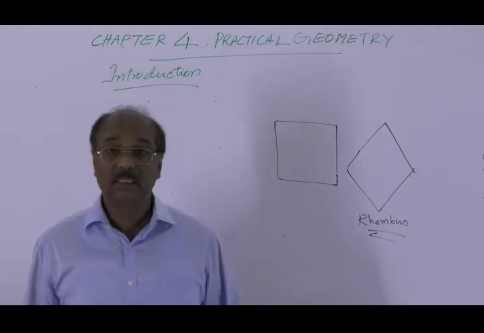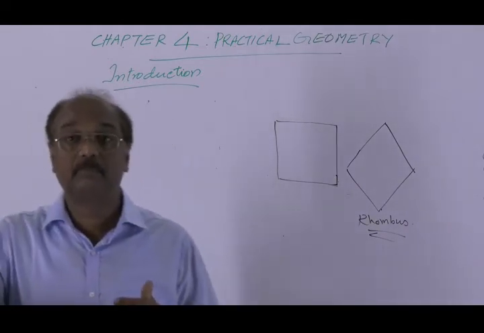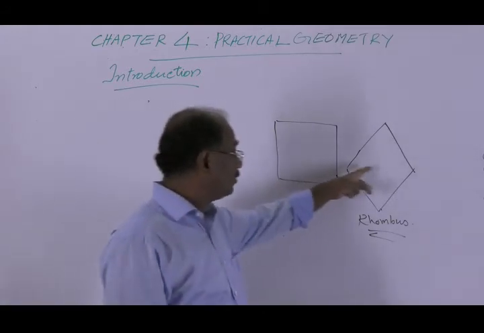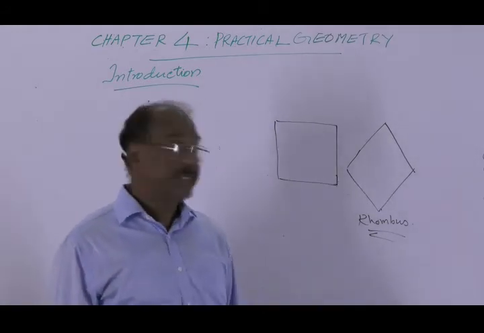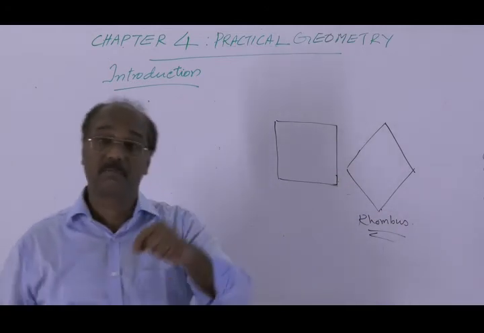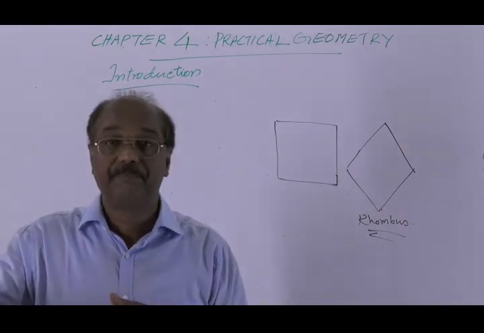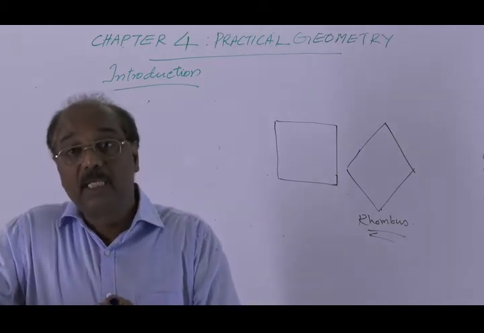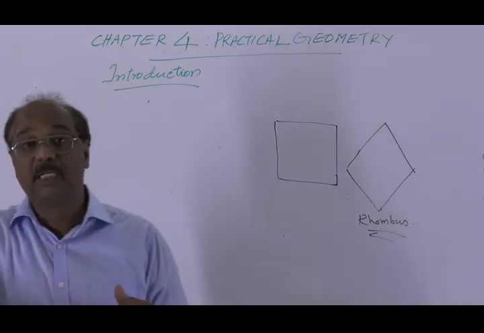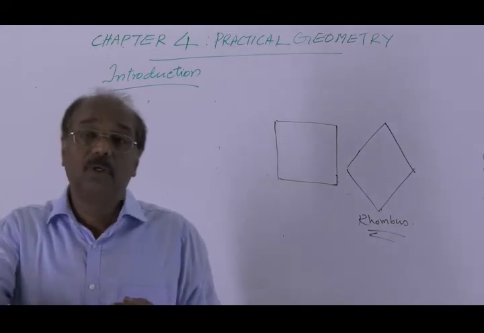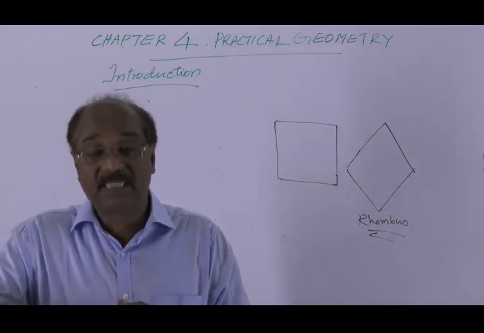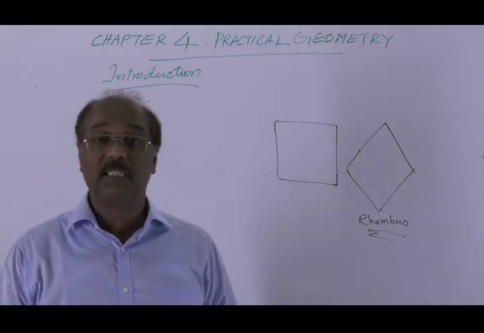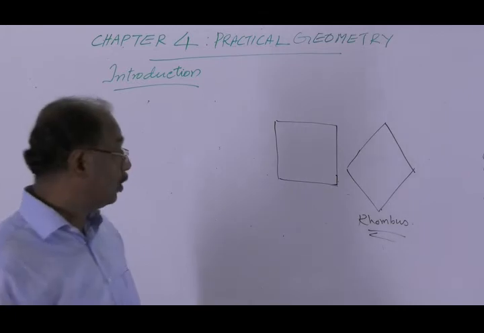This has 4 equal sides. So with 4 equal sides, we can have a square and also a rhombus. Not unique, 2 figures with the same measurements. So this is not unique. Therefore, to make it unique, we need 1 more measurement minimum. So we will be given 5 measurements, and with the 5 measurements, we can have the corresponding unique quadrilateral.